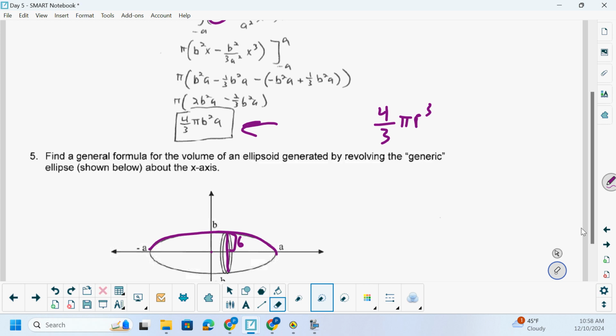We are going left and right a, and then I can't really draw this on the smartboard, but imagine coming off of the smartboard and going into the wall. That would also be the b amount. So 2 of the directions of our 3 dimensions were b's, and 1 was an a, so that's why that r cubed becomes a b squared times an a.